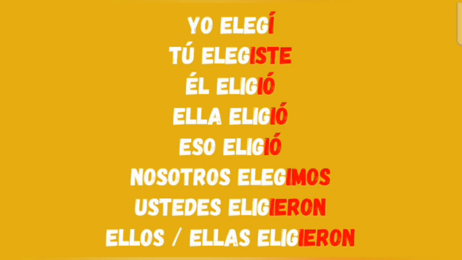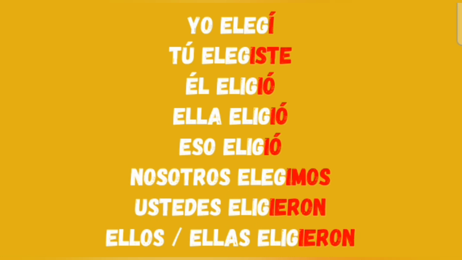To say she chose, you have to say ella eligió. Ella eligió. To say it chose, you have to say eso eligió. Eso eligió. Okay? And these third persons have the same root word.